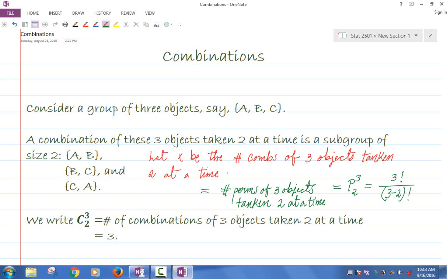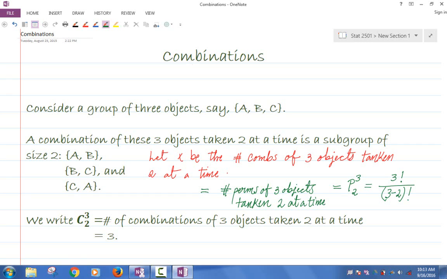Does everybody agree with that? So remember, I have X number of subgroups of size 2. For each one, the elements can be permuted in 2 factorial ways.